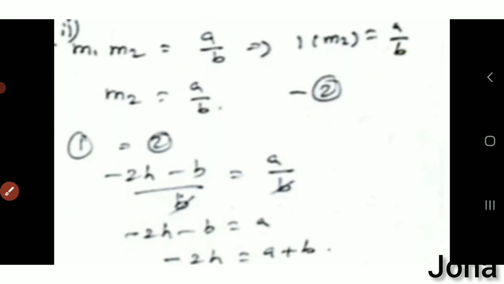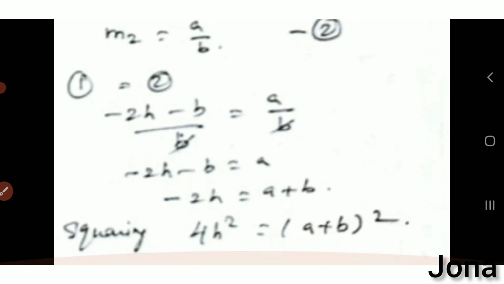By equating both, we have minus 2h minus b by b equal to a by b. The denominators get cancelled, so the remaining is minus 2h minus b equal to a. Take this b to the other side, it becomes minus 2h equal to a plus b. It's nothing but 4h square equal to a plus b the whole square.